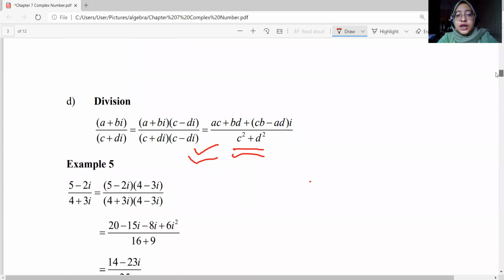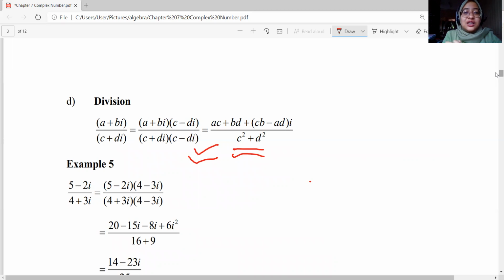Okay, so that's all for this video. I hope that you can adapt to the new part of numbers in your life, which is complex numbers. It's not difficult, it's just an extension for a number that contains square root -1.